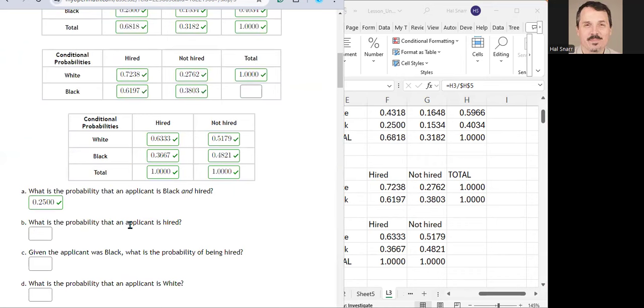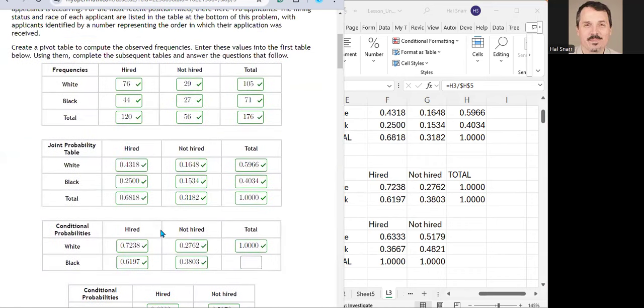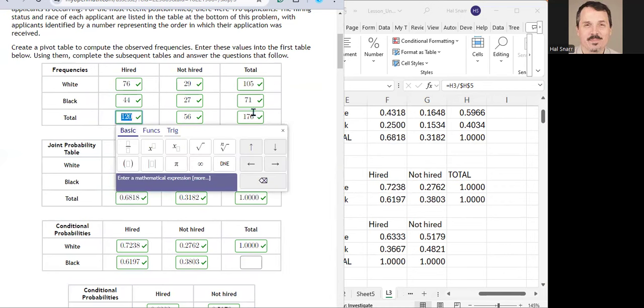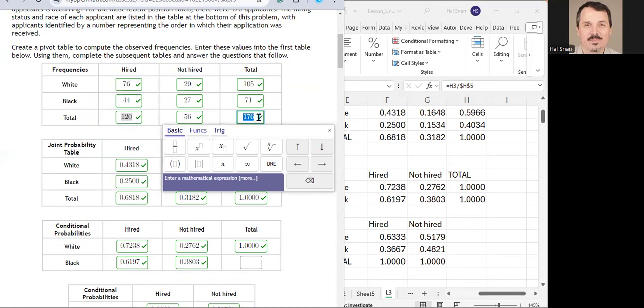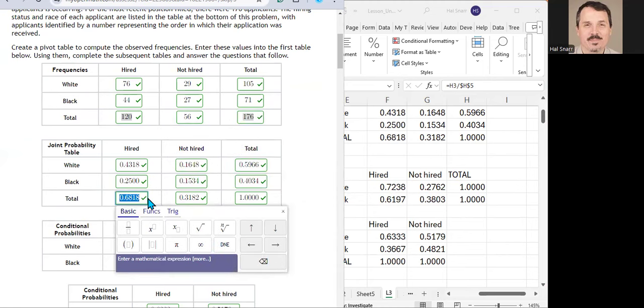What is the probability that an applicant is hired? This is the hired column. We had 120 people who were hired and 176 total applicants. 120 divided by 176, well, that's this number here. So this is the probability of being hired.